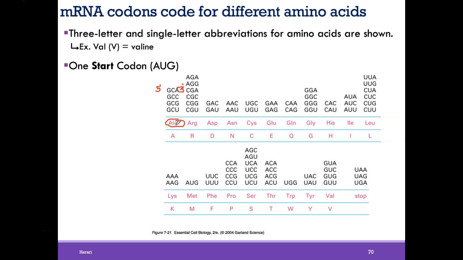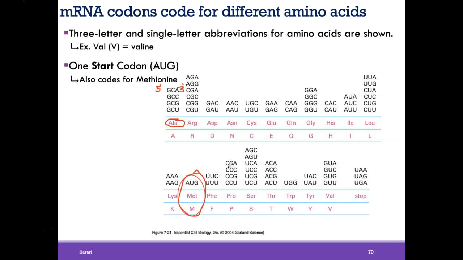There is a special codon called a start codon, AUG, that is the beginning of every single protein. This is methionine, right? Methionine is the amino acid encoded by the start codon AUG. So every processed mRNA transcript will begin with the start codon AUG. That's what marks the start of translation.